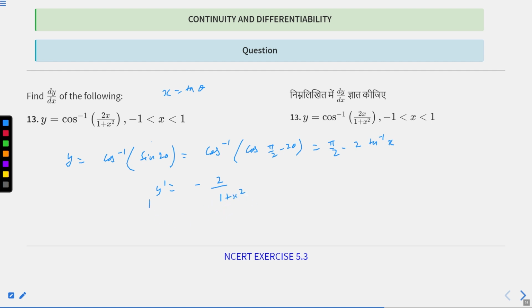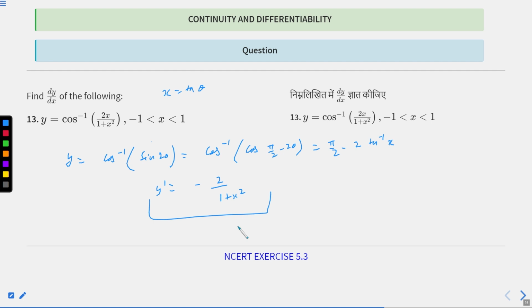I hope it is clear. So your 13th solution will be minus 2 divided by 1 plus x square.